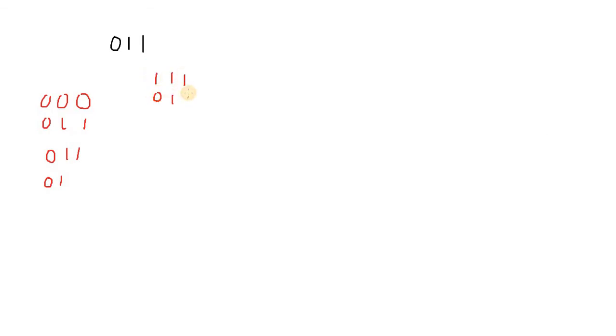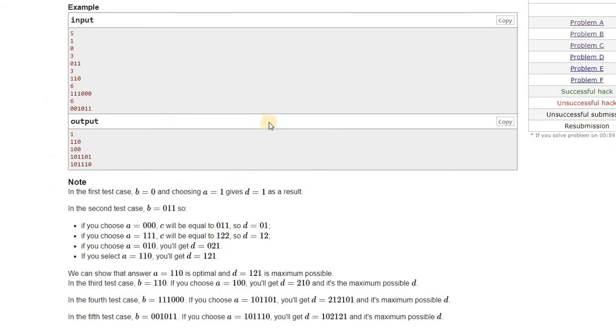Adding that with 0 1 1 will get you 1 2 2. When you have two repetitive 2s, you replace them with one 2, so 1 2. Next is 1 0 1. Adding that with 0 1 1 will get you 1 1 2, which you replace with 1 and 2 as well.